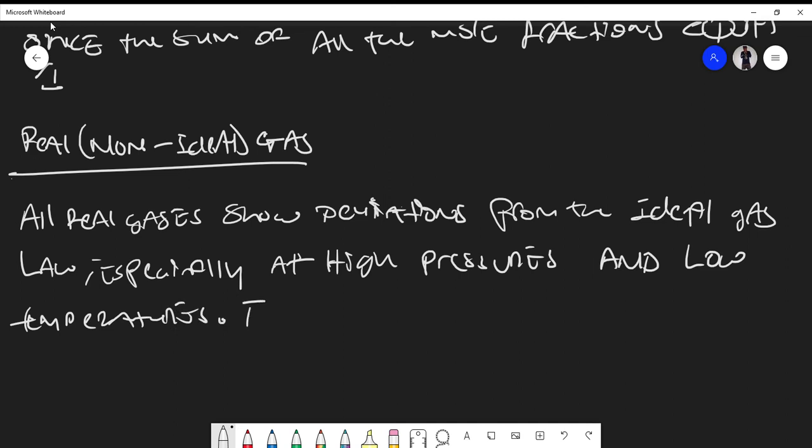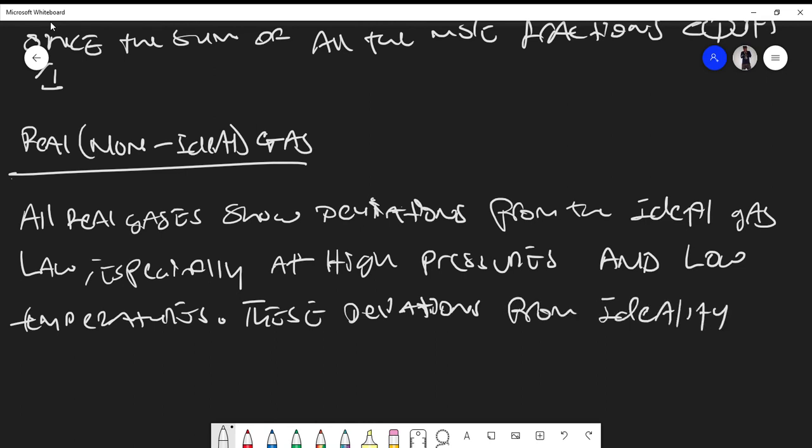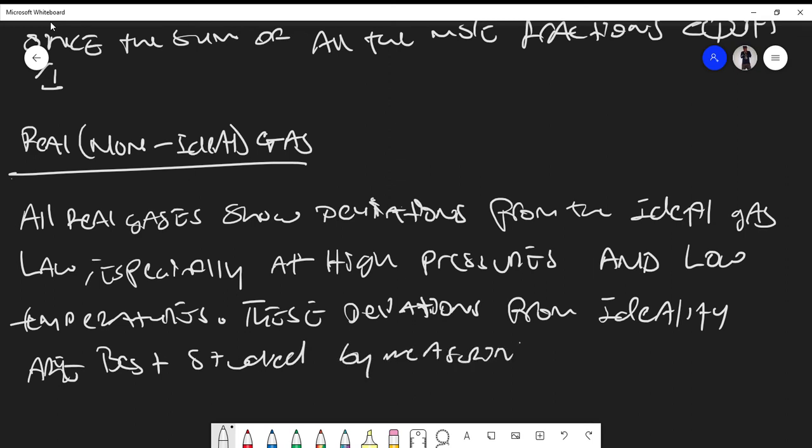Now these deviations from ideality are best studied by measuring what we call the compressibility factor.